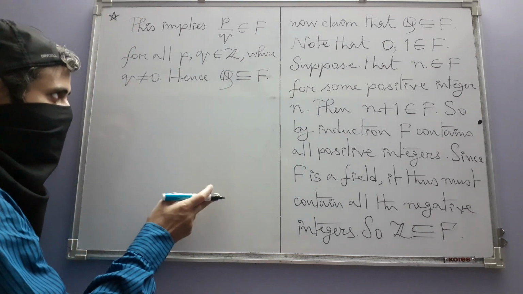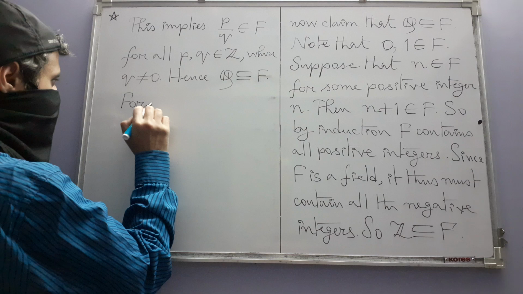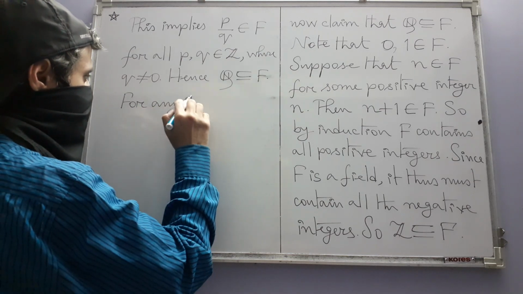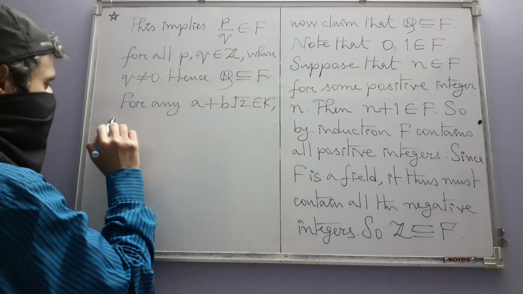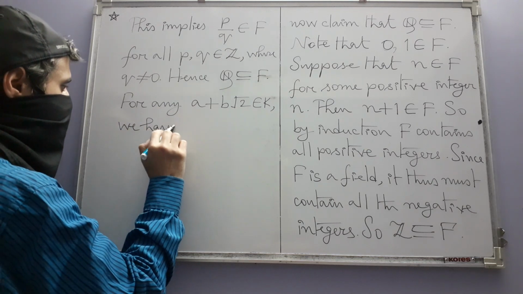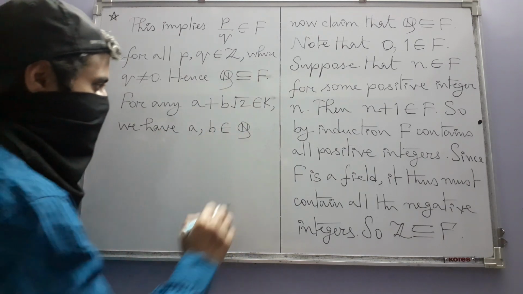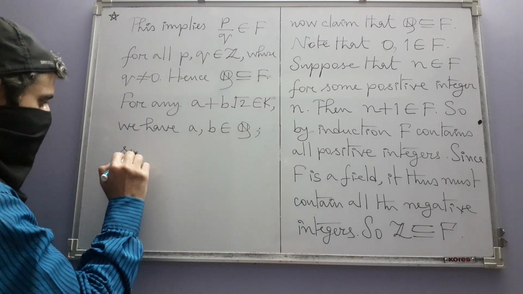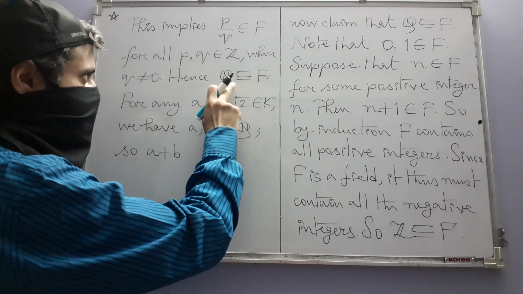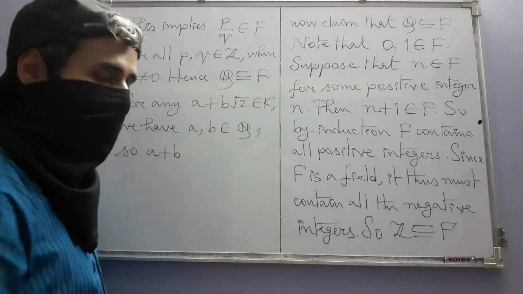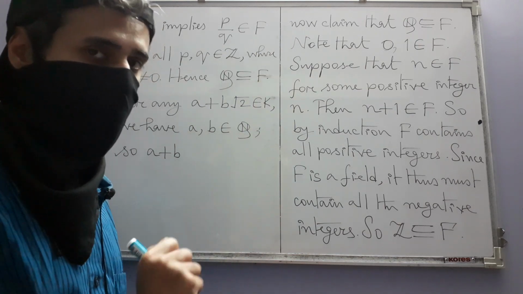We want to show that F contains K, capital K. For any a plus b root 2 belongs to K, we have a and b in the set of rational numbers by the definition of K. So being rational numbers, due to this containment, a and b also belong to F, and already we chose F to be a subfield that contains root 2.